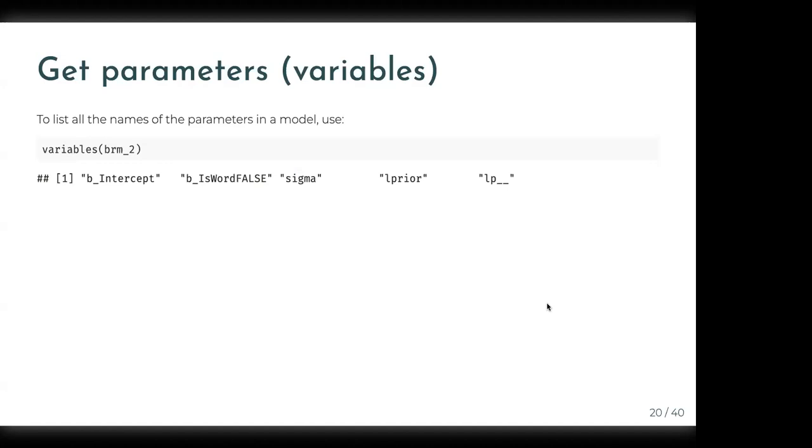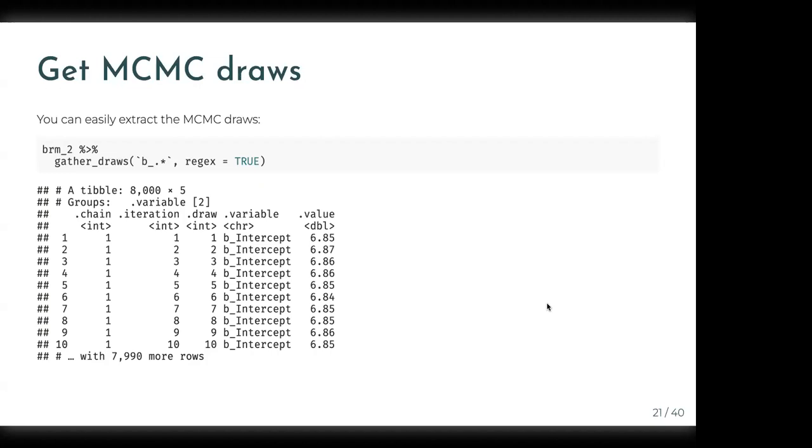If you want to get the parameters or variables in the model, you can use the variables function. This is helpful later on, but I just put it here for completeness' sake, it doesn't really matter. What you can do quite easily is extract the draws of the MCMC chains.